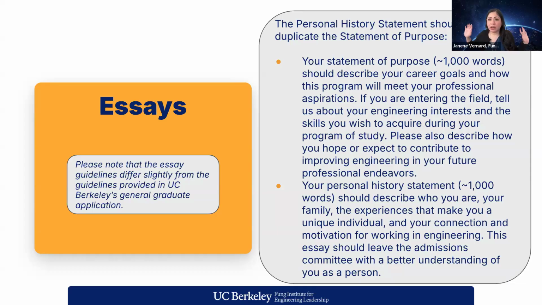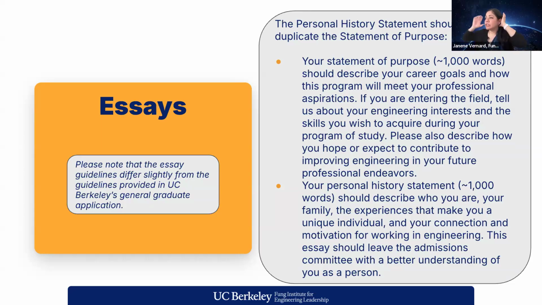I always think of the personal history statement as the context: this is where my passion for engineering developed, or I've worked in the industry for X amount of years, and now with the advent of AI, I feel like I need to go back to school in order to progress in work. It depends on your situation. So it shouldn't duplicate the statement of purpose, and we'll go into what each of them means.